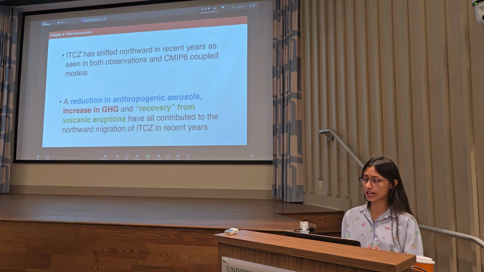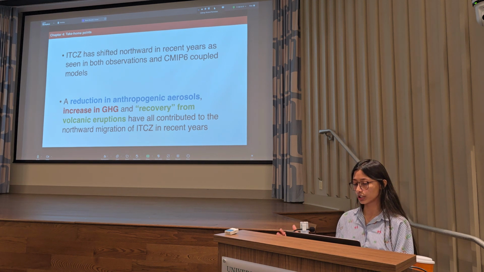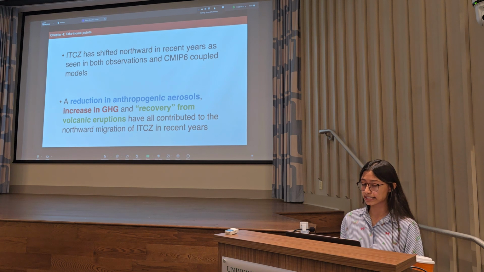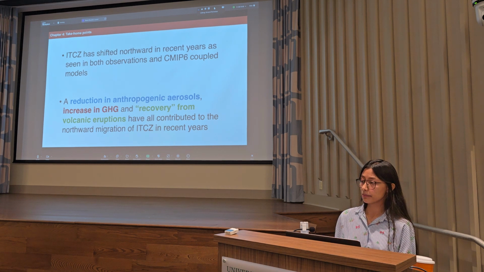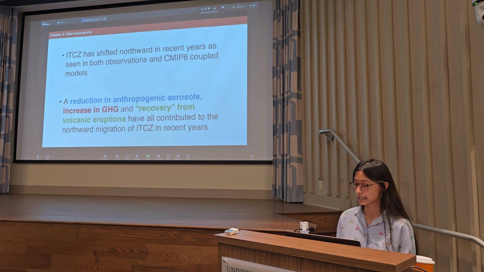Thus, from this chapter, we can conclude that using observation data sets that extend from 1979 to 2023, the ITCZ has shifted northward. And this is a very important point because past works, which looked at the GPCP data set to locate the ITCZ, did not find a statistically significant shift in the ITCZ.